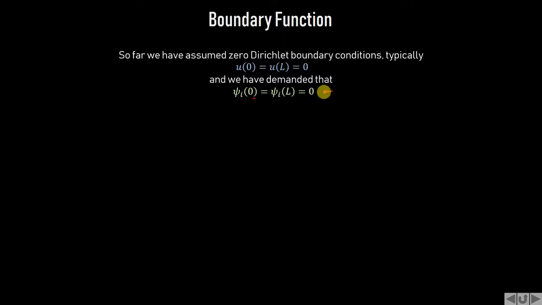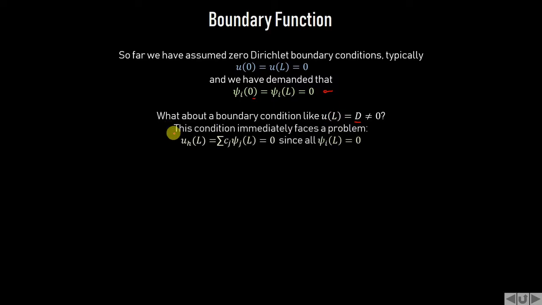Now, what about this kind of boundary condition where the value is not 0? This is non-homogeneous. D is not equal to 0 now, at u equals to u at x equals to L. Now, what's the problem with this? So when you calculate the trial function at L, you get this.